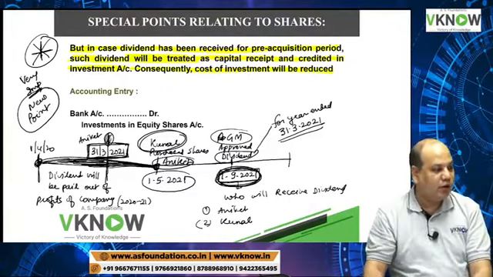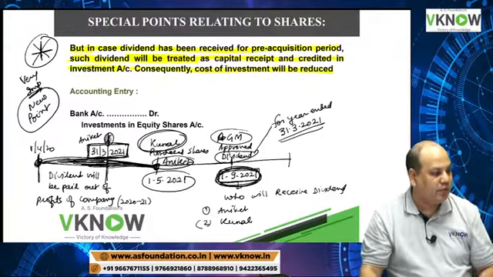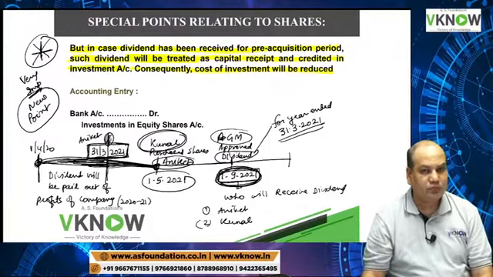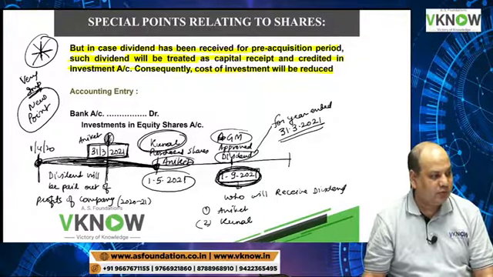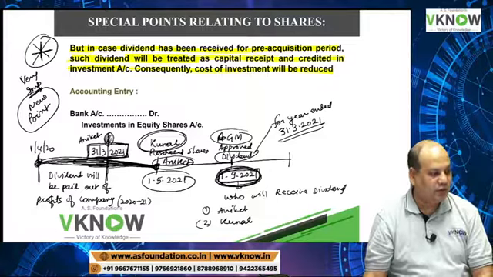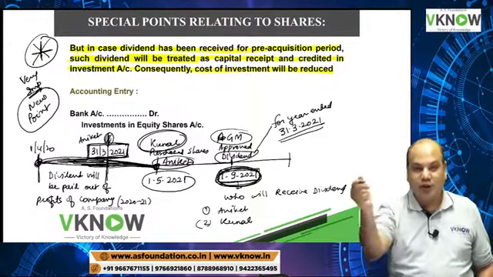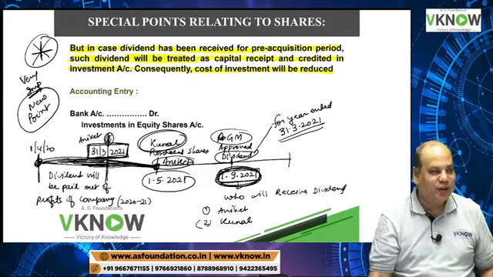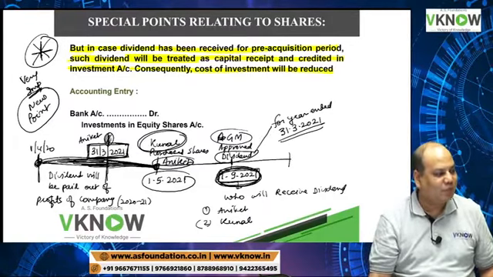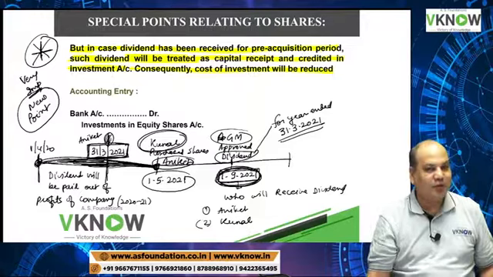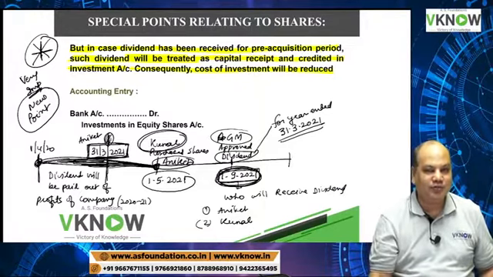So now I can understand there are two answers coming. Some students are saying Kunal will receive dividend. Some students are saying Aniket will receive dividend. So let us have a poll. Vote for Aniket. Okay.